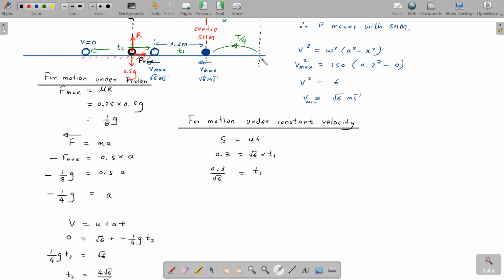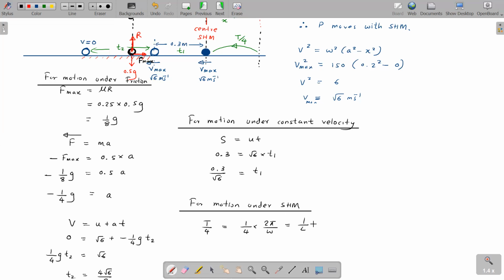And then the final time is the time taken to move under SHM. For motion under SHM, the time taken will be 1/4 of T. T is 2 pi over omega, right?